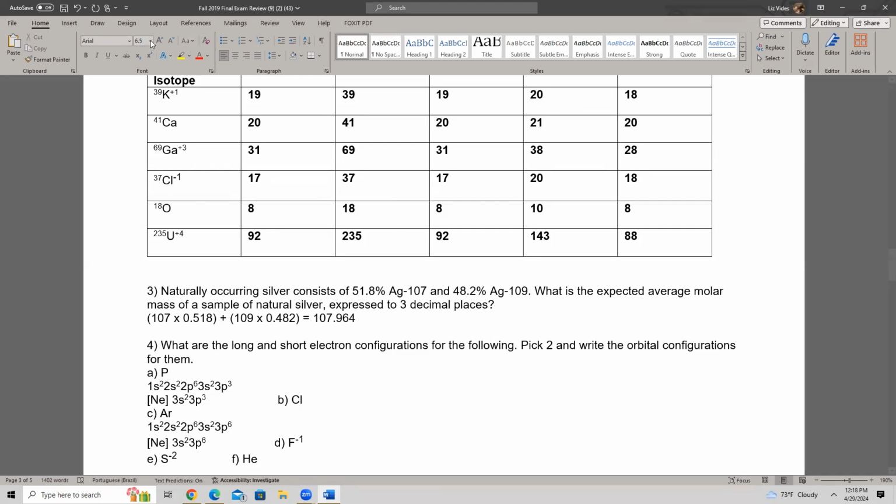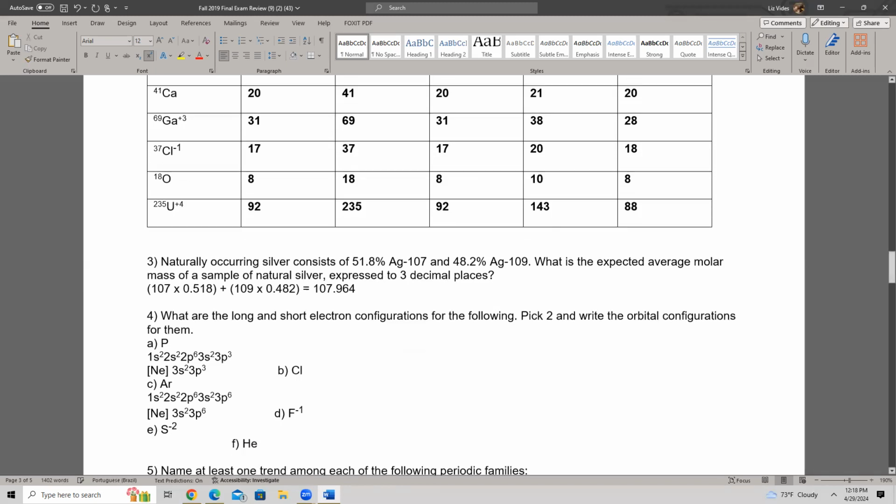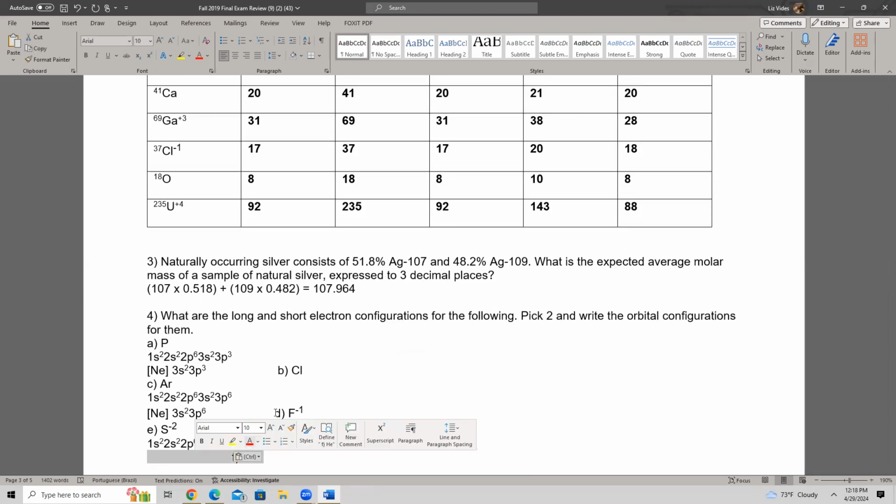Because we have a number of electrons that are already in there for sulfur. And we are also adding 2 more. So let's put that in.